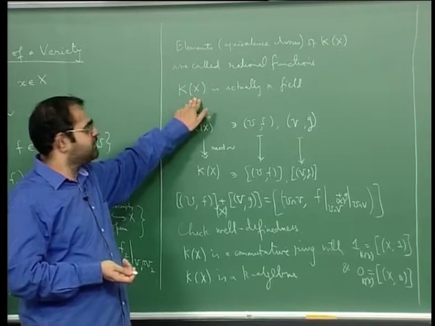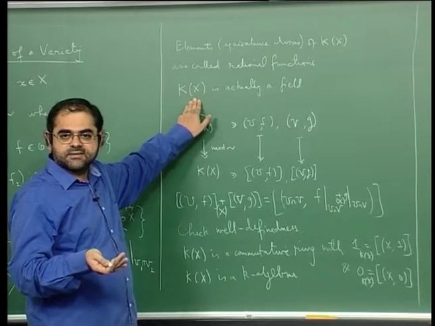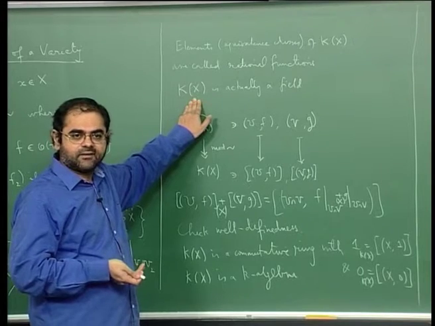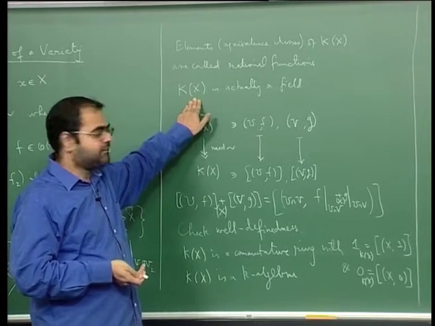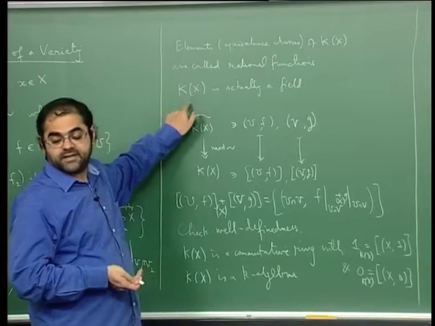So you take any general open subset of X and the properties that are valid on it will all be captured by Kx.